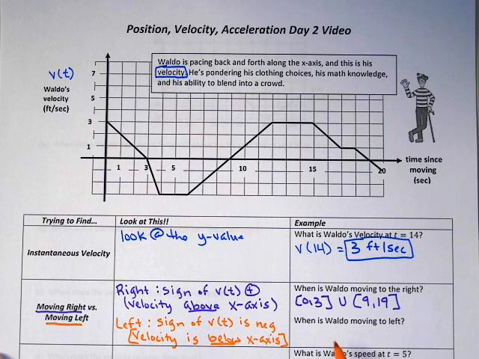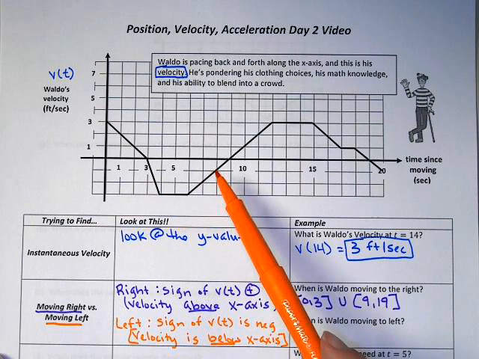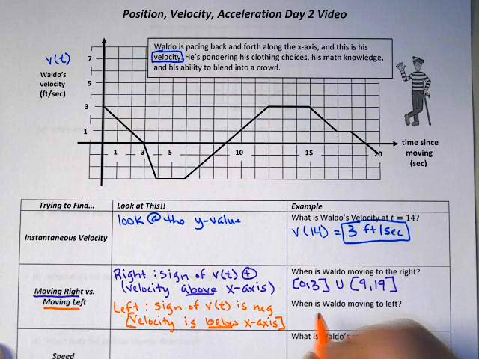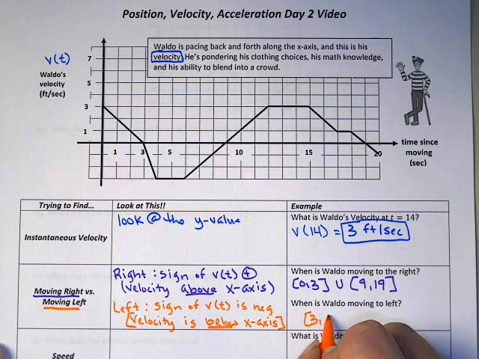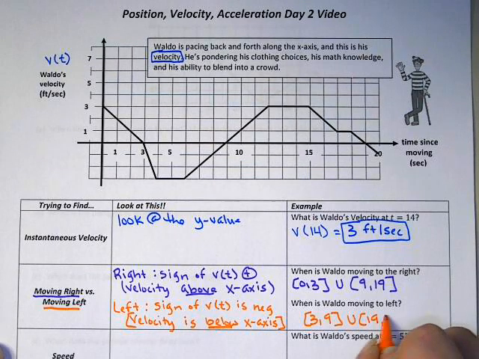So when is Waldo moving to the left? He's moving to the left from, let's see, 3 until 9, and then again from 19 to 20.